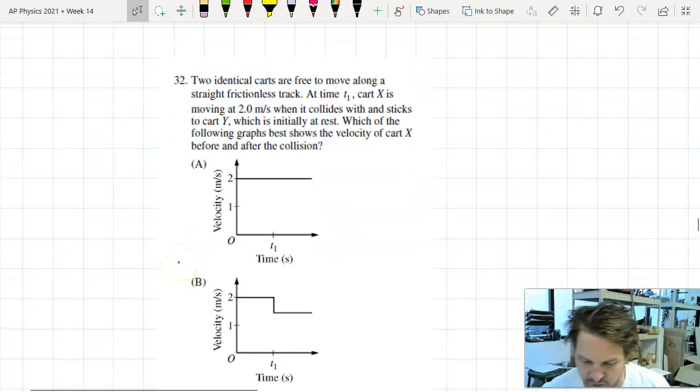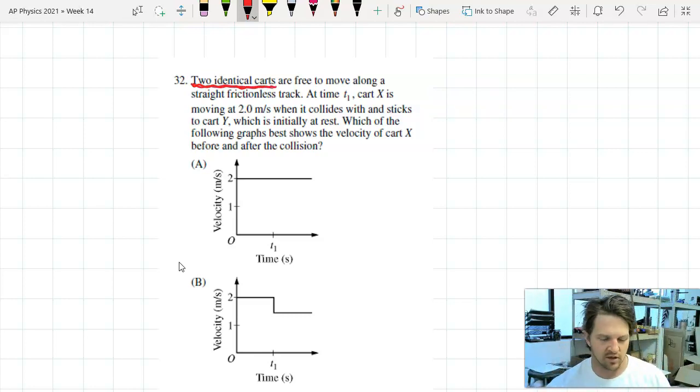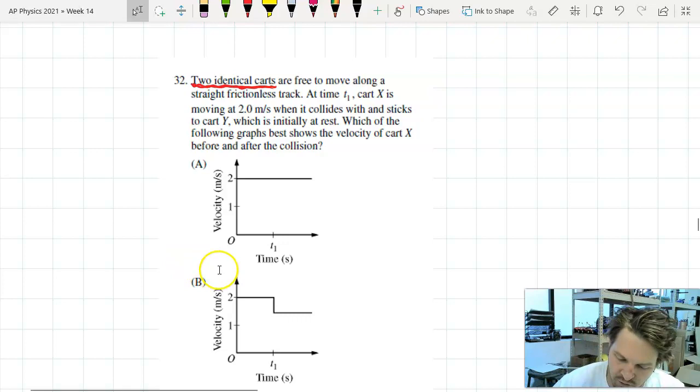32, two identical carts. So that's always important. When you see that word identical, that's like same mass, same size, same everything, okay? They're free to move along a frictionless track. Good. Cart X is moving at 2 meters per second, collides with and sticks to cart Y, which is initially at rest.